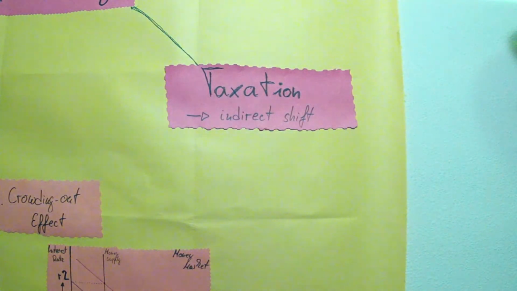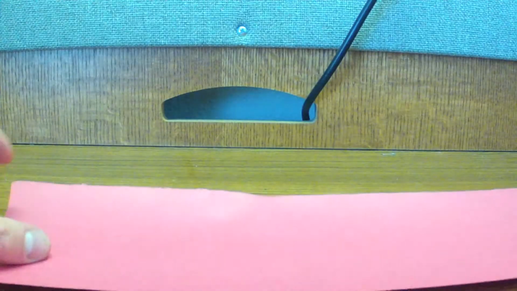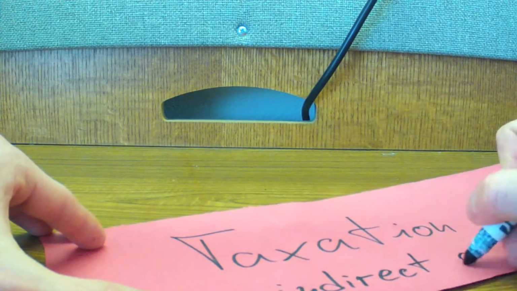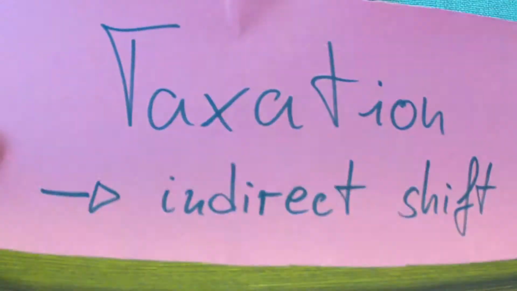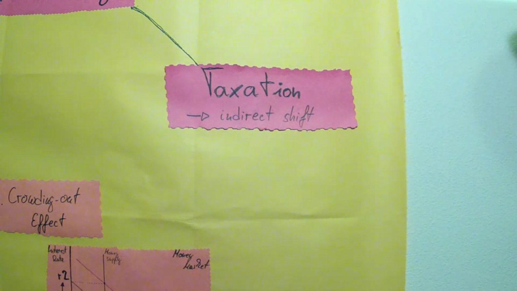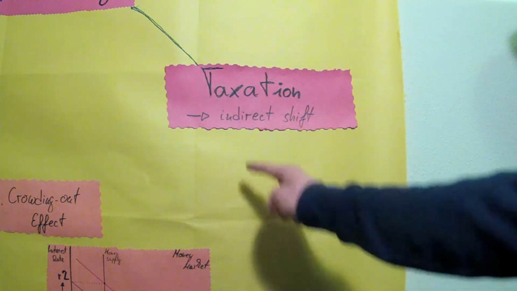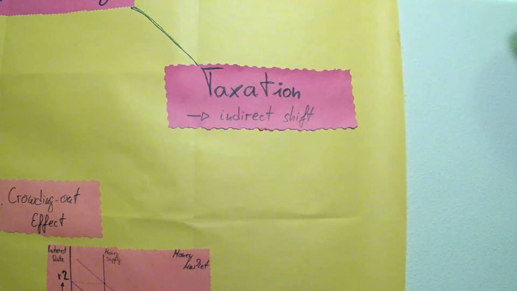Now let's talk about the second instrument of fiscal policy, which is taxation. Keep in mind that taxation is only able to shift the aggregate demand curve in an indirect way, and not, like government spending, in a direct way.